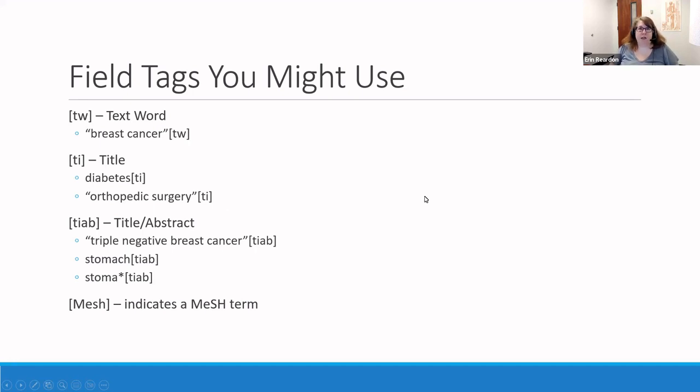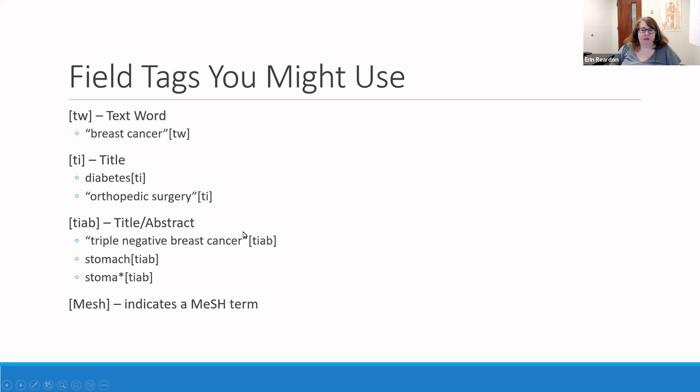This is a good way to find articles that are super relevant, maybe not when you're doing a comprehensive search, because an article might not use the exact word in the title, but it could be in the abstract somewhere. If you want to look in title or abstract, you would use TIAB.